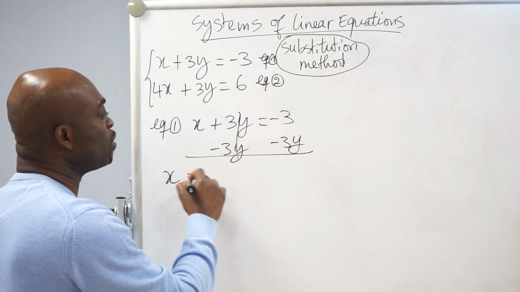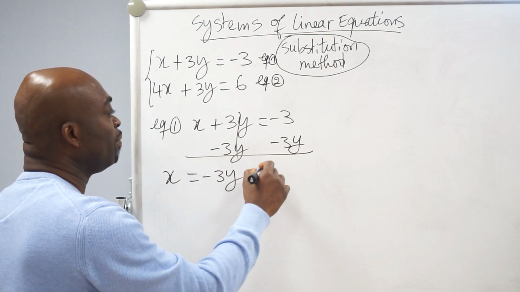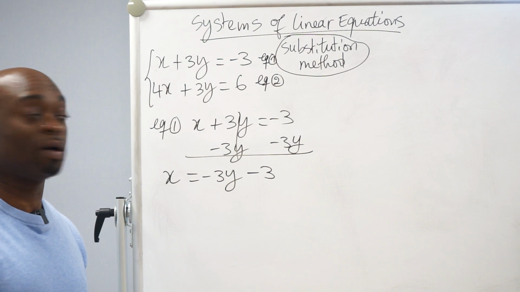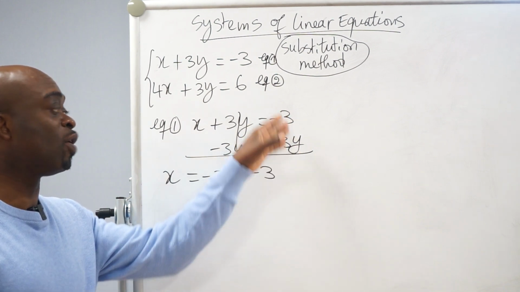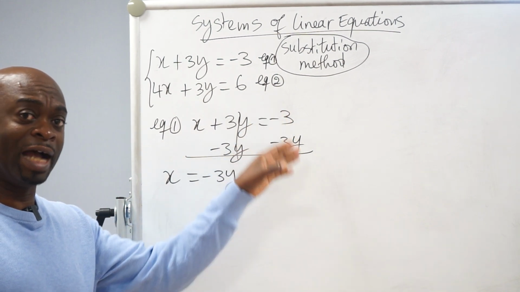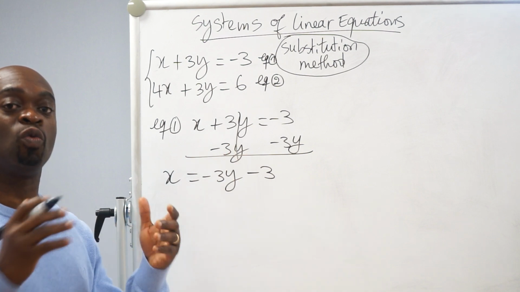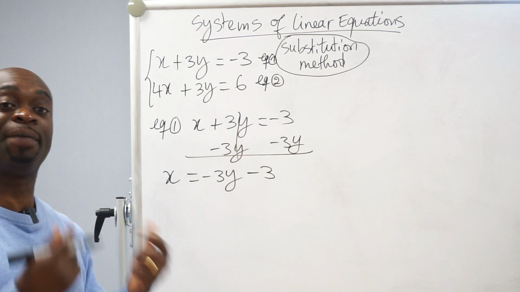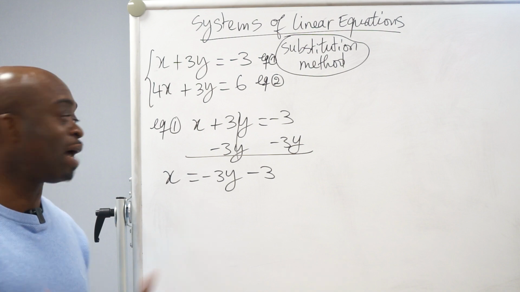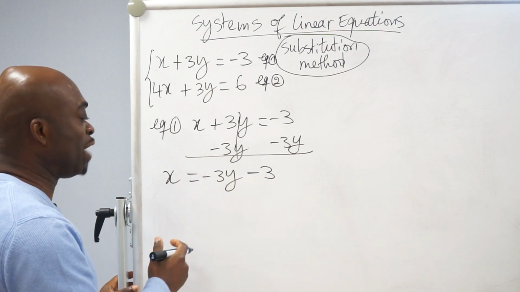So I have x equals negative 3y minus 3. We cannot combine these two, add or subtract, because they are two different terms. Go back to our previous videos when we dealt with simplifying like terms. So this is what we have.